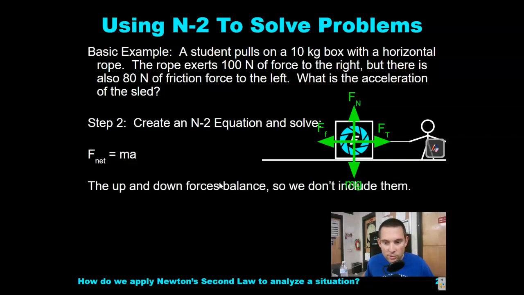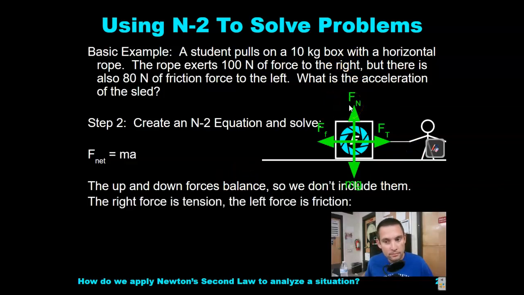The up and down forces balance, so we're not going to include them. We can just say that thing is not moving up, that thing's not moving down. We don't care about what's happening in the y direction. Still represented on your free body diagram, but we don't have to do any calculations with it. Right force is tension, left force is friction. So we're adding together these forces.